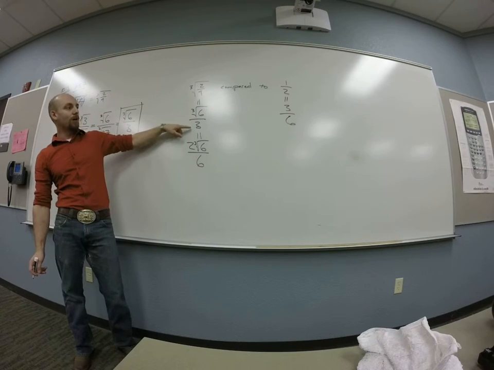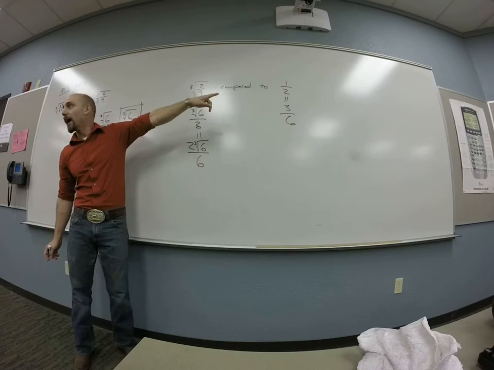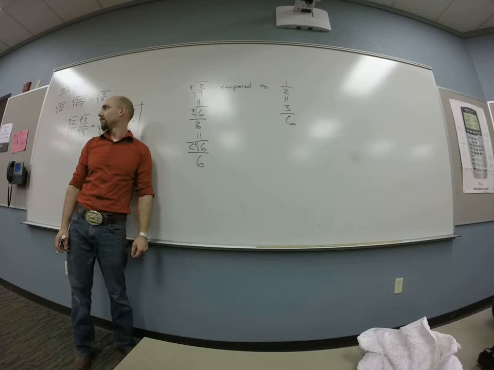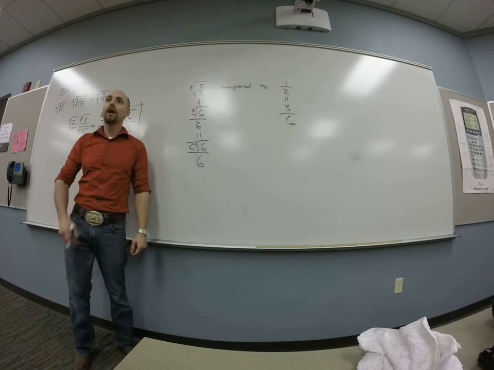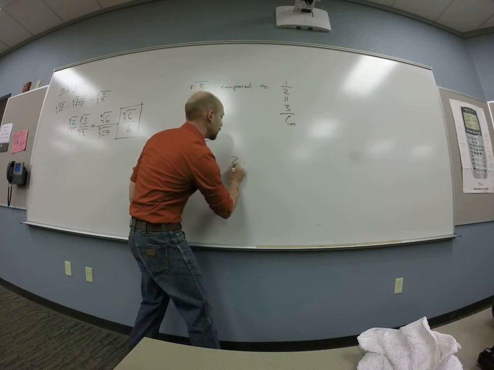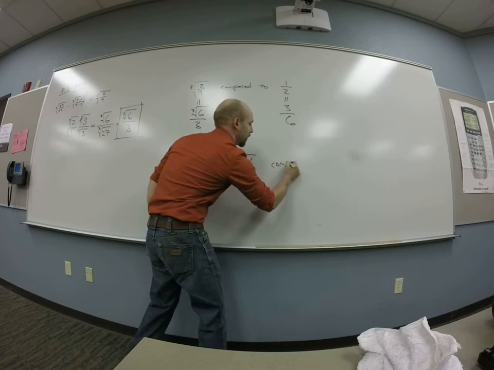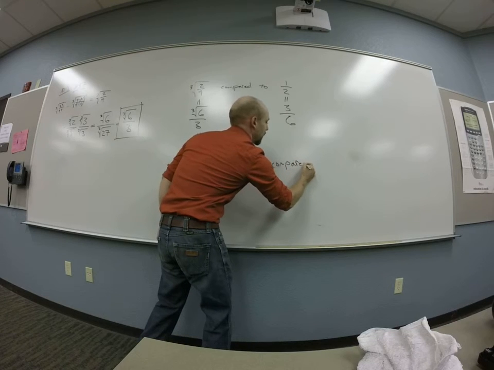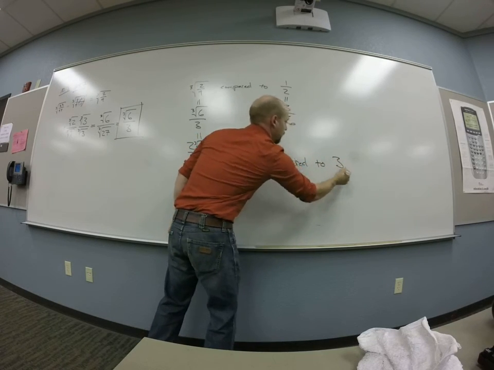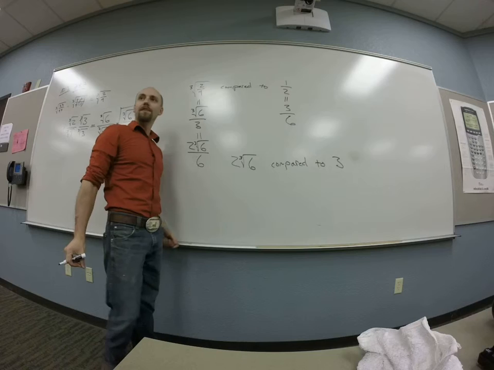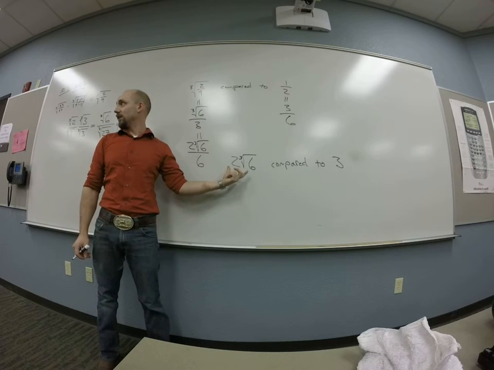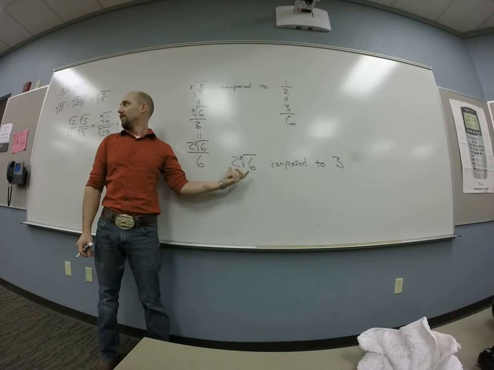I found a common bottom between thirds and halves, so 6's. Okay, see that? So now instead, I'm wondering how does 2 cube roots of 6 compare to 3, and then this I can ballpark easily. You guys see how I can ballpark this?